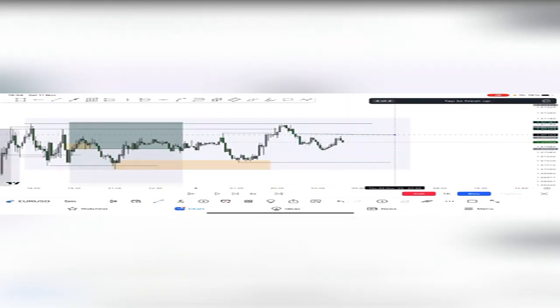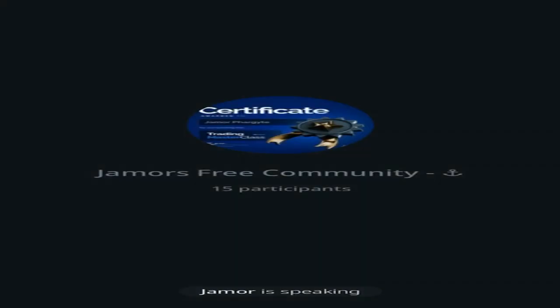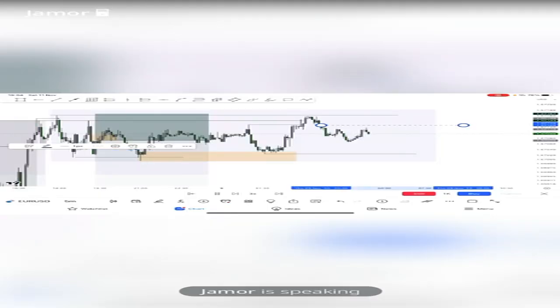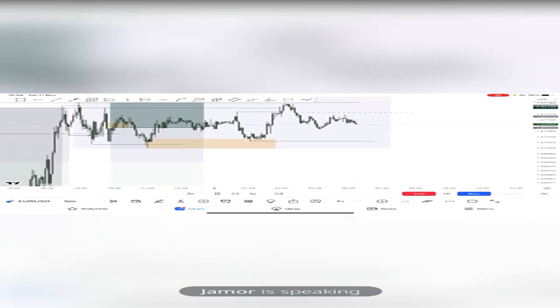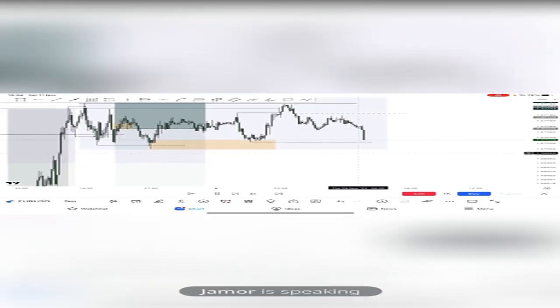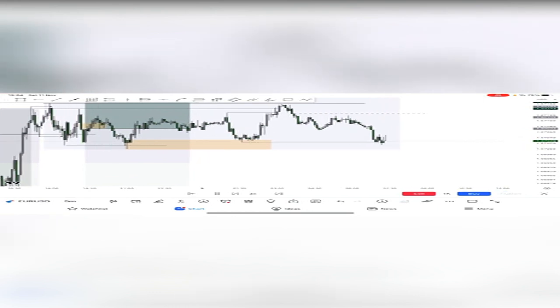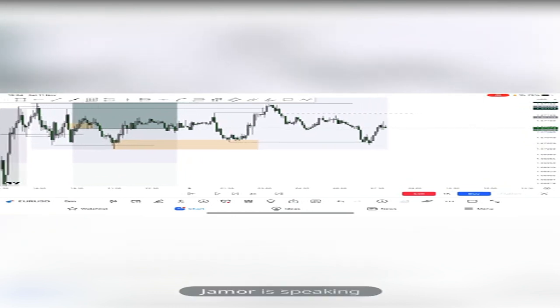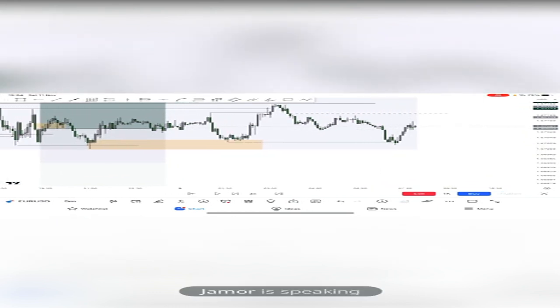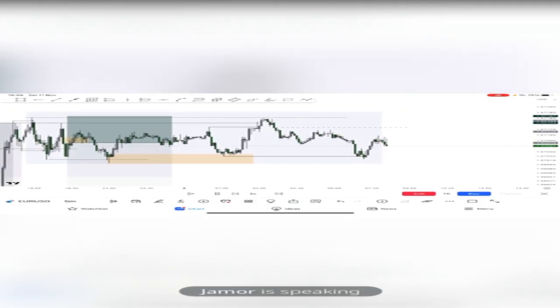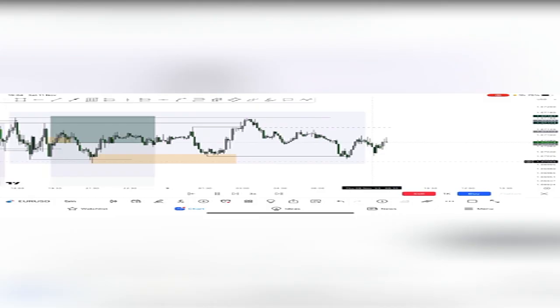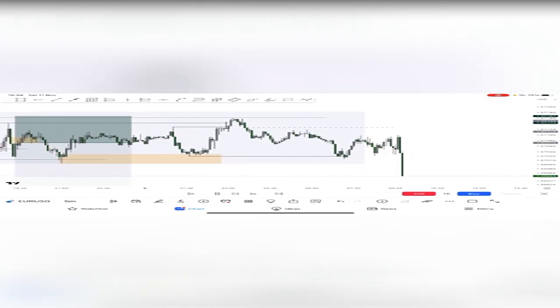You can hear the uncertainty in my voice because I do not trade at these hours. But I'll be taking another low. This is London. I'm waiting for London to give me a proper structure or come into the zone I'm eyeing.